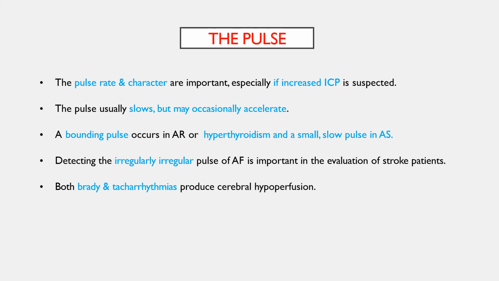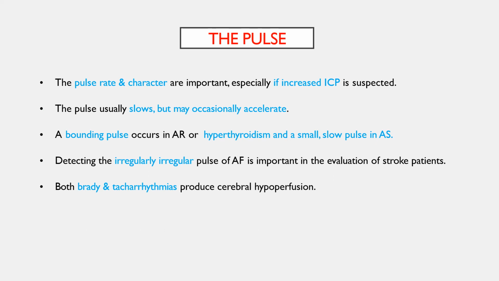These cause cerebral hypoperfusion that can lead to syncope, seizures, or stroke-like episodes. In raised ICP, it will cause bradycardia. Characterize whether it is a bounding pulse or a slow pulse. Bounding pulse is seen in aortic regurgitation and hyperthyroidism, and small slow pulse in aortic stenosis.